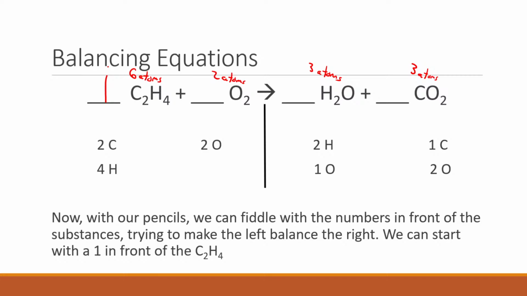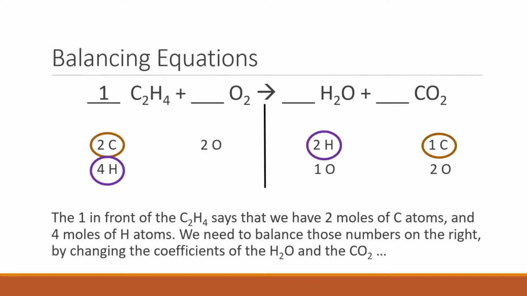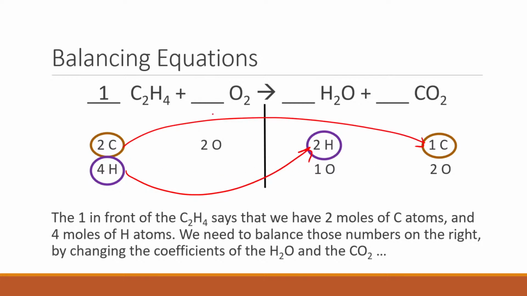So, I put a 1 in front of the C2H4, and that solidifies, for me right now, 2 C's and 4 H's. I need to adjust the other side so that I get 2 C's and 4 H's. Because right now I've got 2 H's and 1 C, and that's just not balanced.